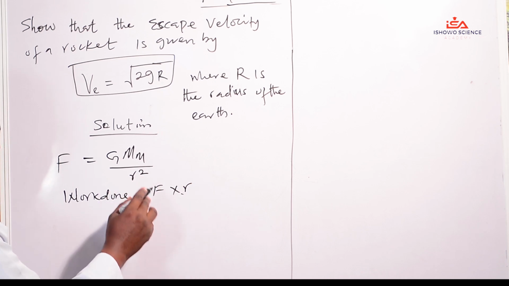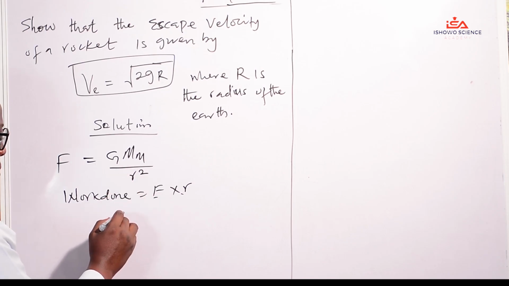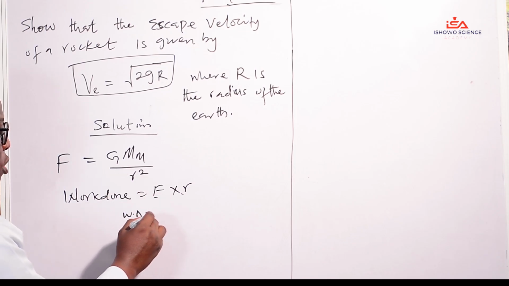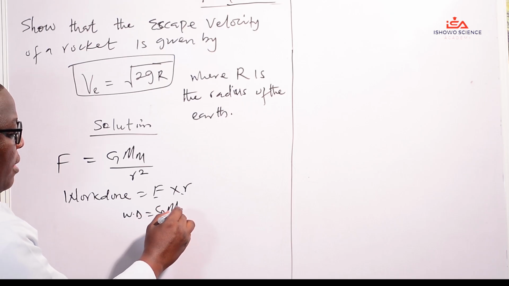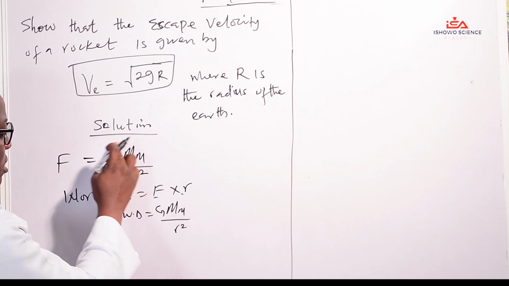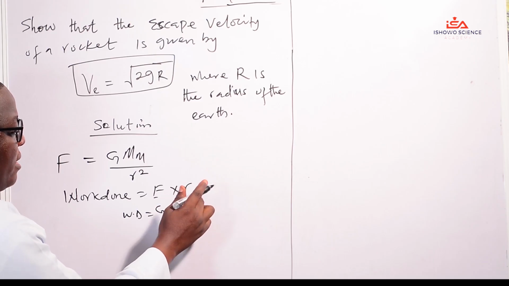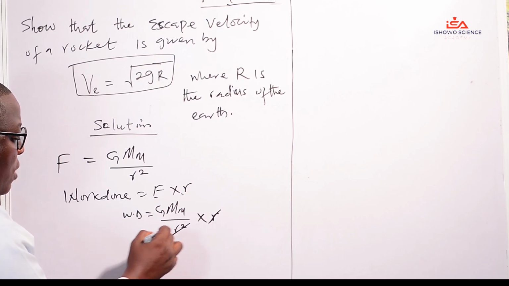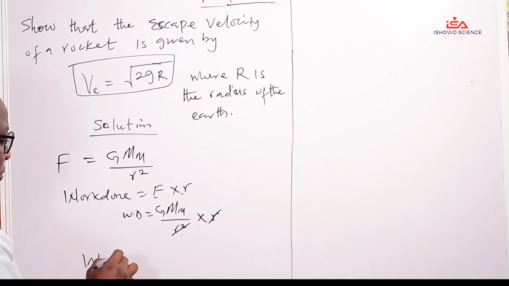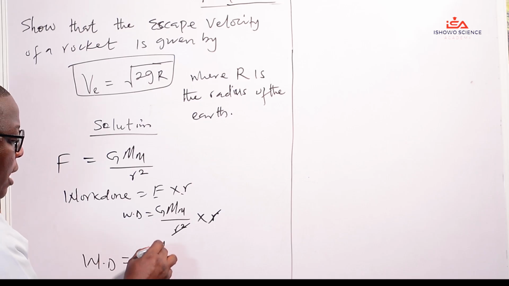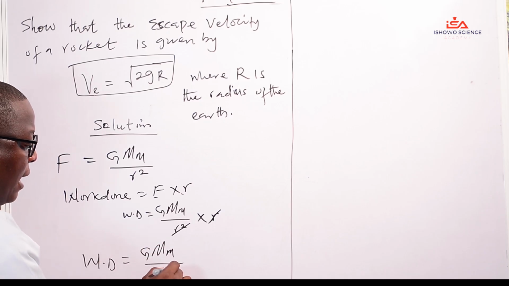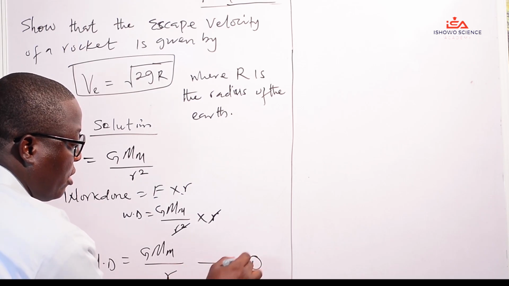So we put in our F: work done is equal to GMm over r squared, which is the force of attraction, multiplied by distance, which is r. So one r can cancel with one r here, and our work done is equal to GMm divided by r. Take note of this as equation 1.